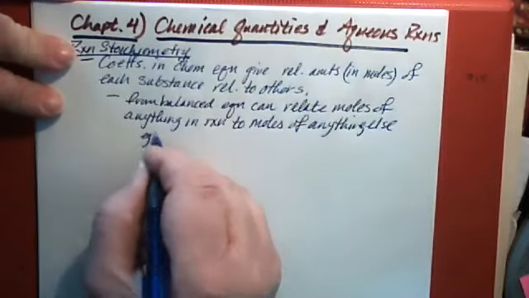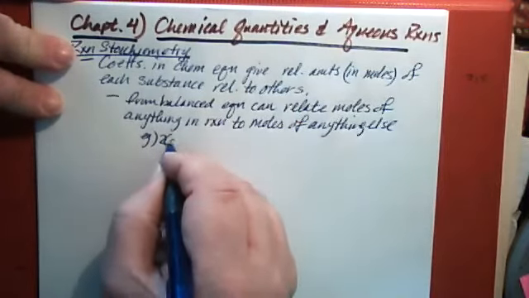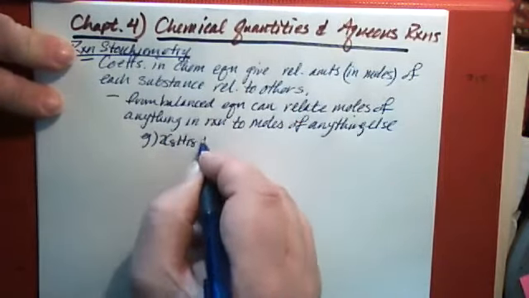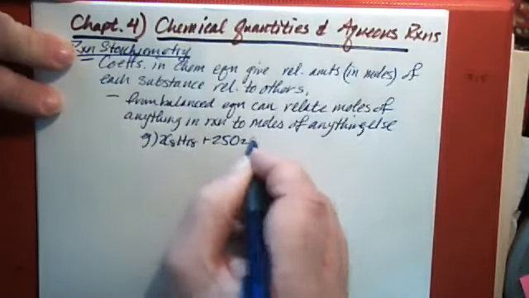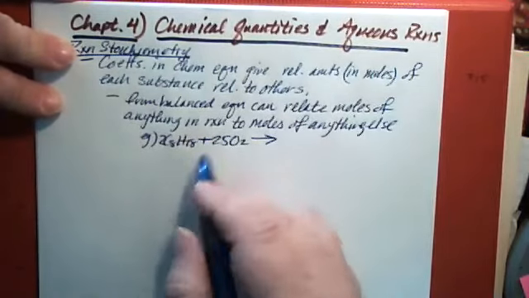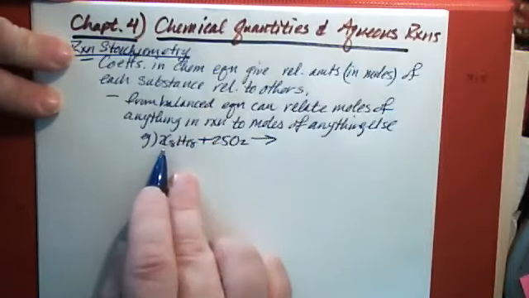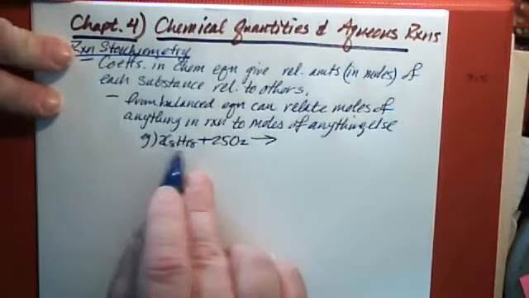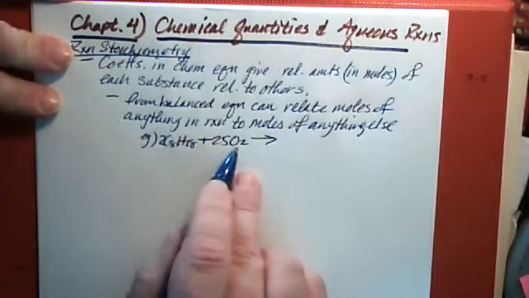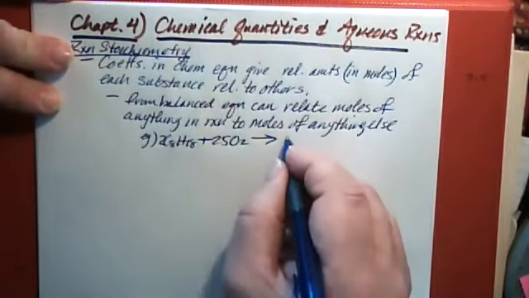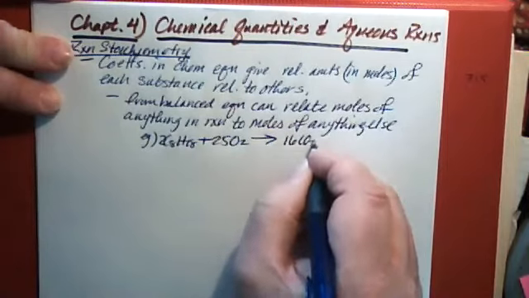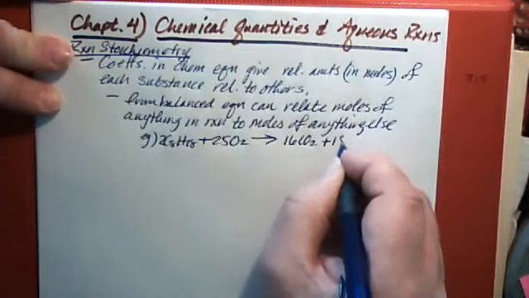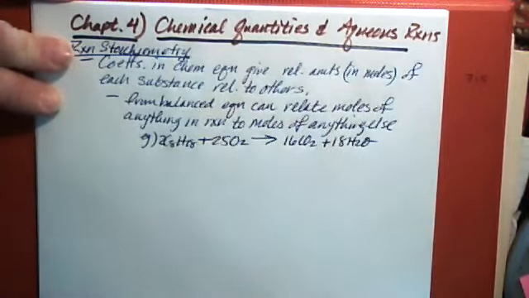An example is the combustion of butane, which in which for every 2 moles of butane you burn, which is C8H18, you use 25 moles of oxygen from the air, and you produce 16 moles of carbon dioxide and 18 moles of water.